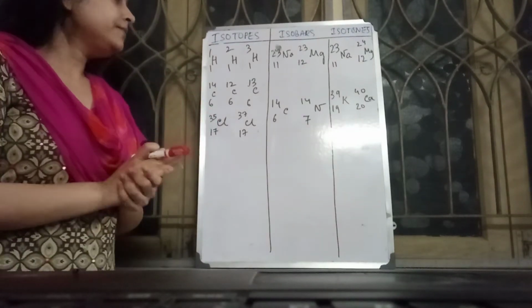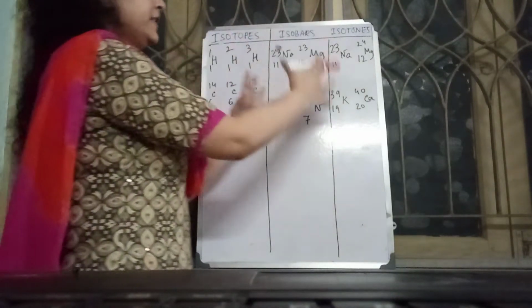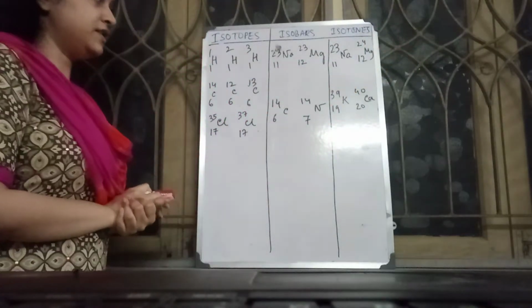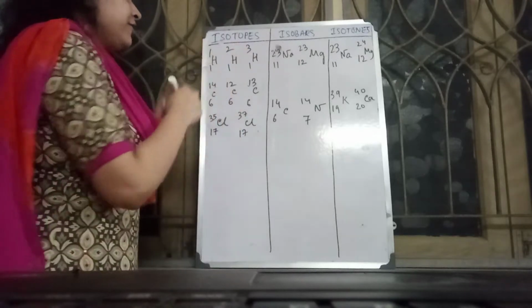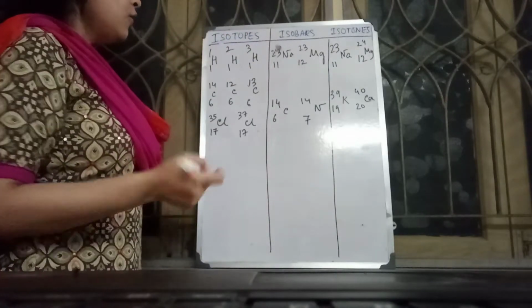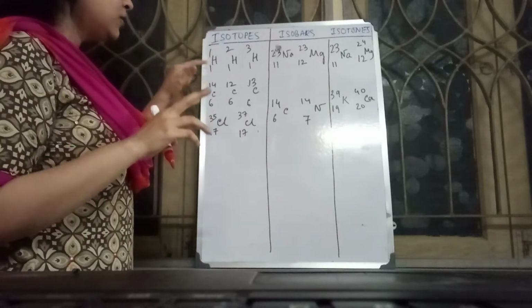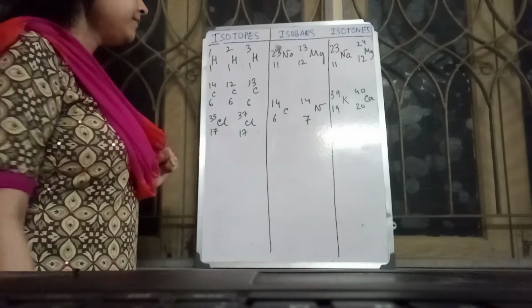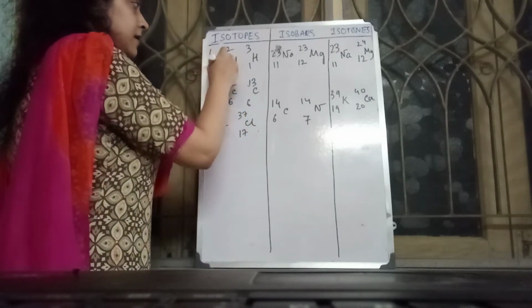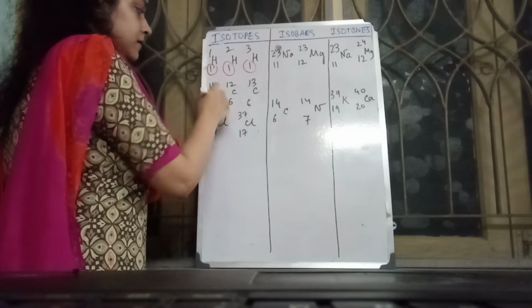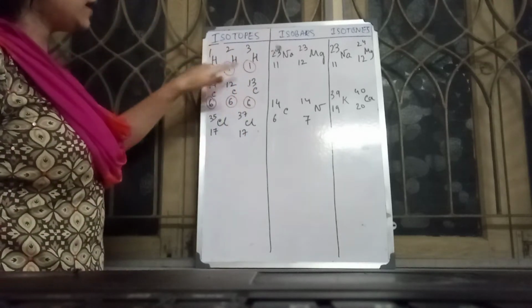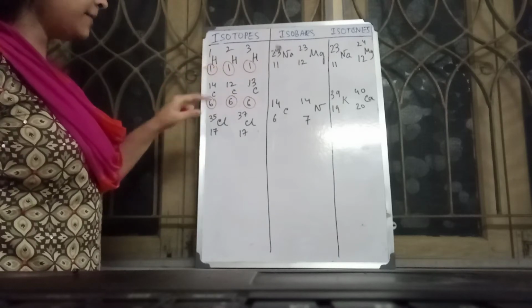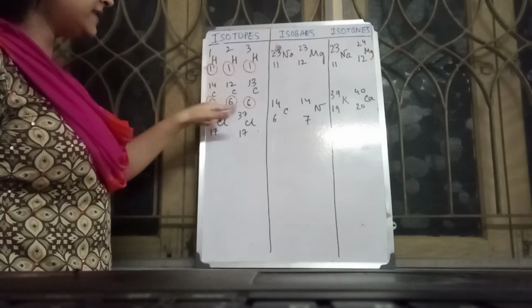Now, see, I've written 3 different types of classification. For this column, what is the similarity which you can notice in 3? See the atomic number: hydrogen 1, 1, 2, 1, 3, 1. The atomic number is the same here. Carbon 14, 6, 12, 6, 13, 6.